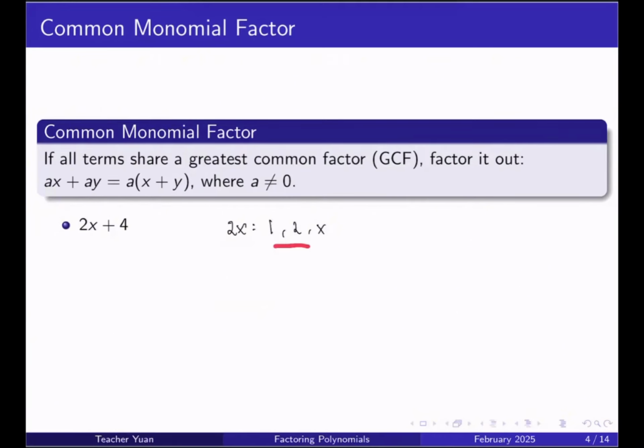Therefore, these are the factors of 2x. On the other hand, for the number 4, note that the factors are 1, 2, and 4. And so in order to get their greatest common factor, we just look for their similar factors and get their biggest similar factor. In this case, that is the number 2.